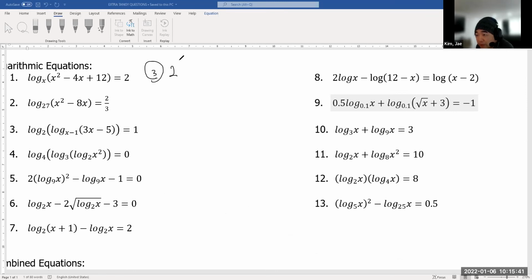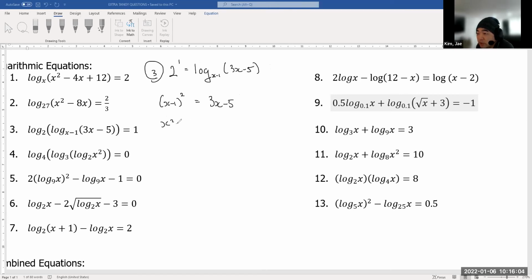That means 2 to the power of 1 is equal to log x minus 1 bracket 3x minus 5. This means that the base x minus 1 to the power of 2 is equal to 3x minus 5. And the rest is algebra.